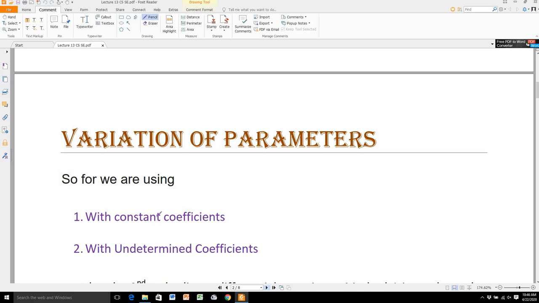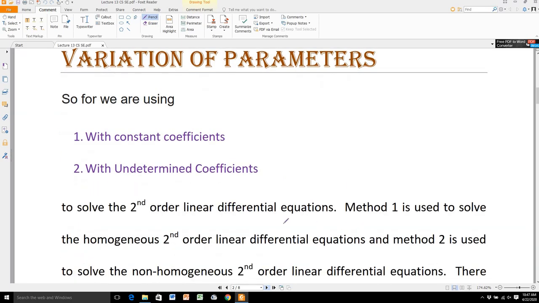These two methods we use to solve second order linear differential equations.